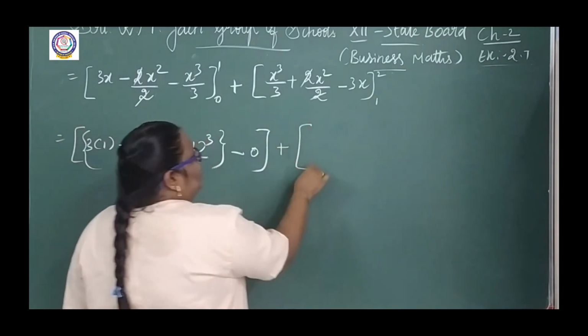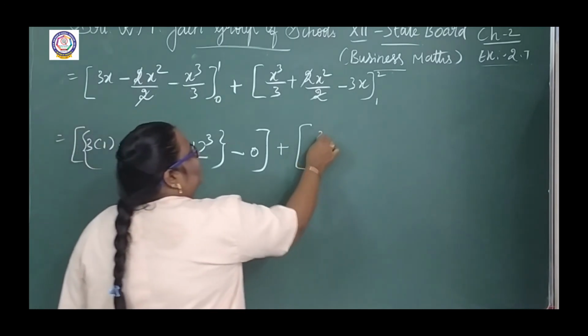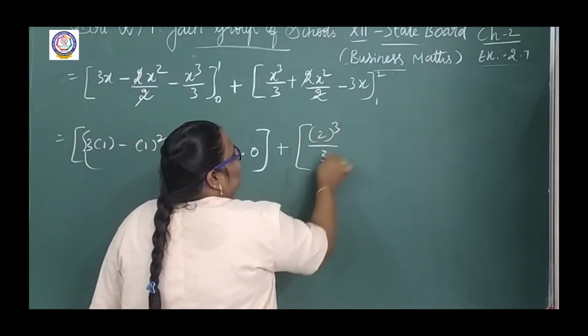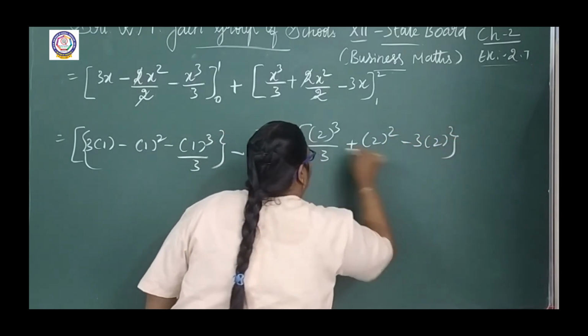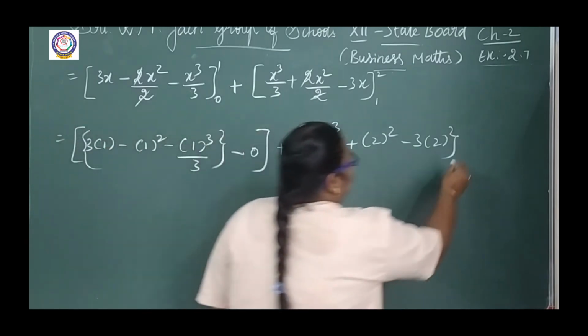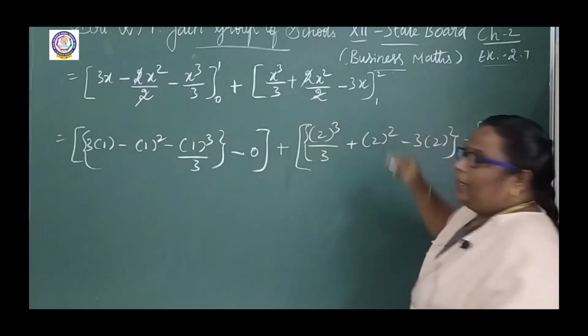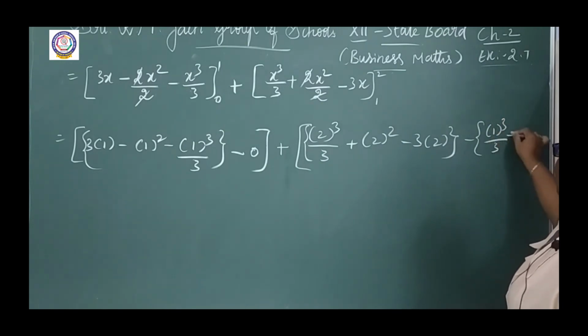Plus, the same way here also, the upper limit is 2: 2 cube by 3 plus 2 square minus 3 into 2, upper limit minus lower limit. What is the lower limit? 1. So 1 cube by 3 plus 1 square minus 3 into 1.